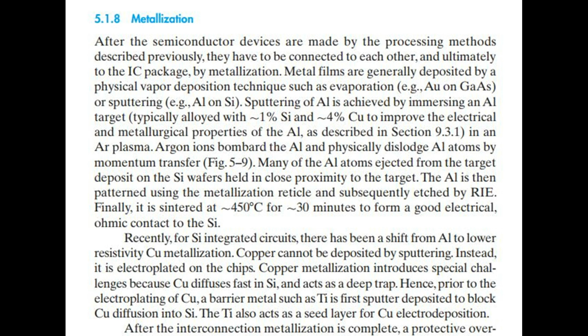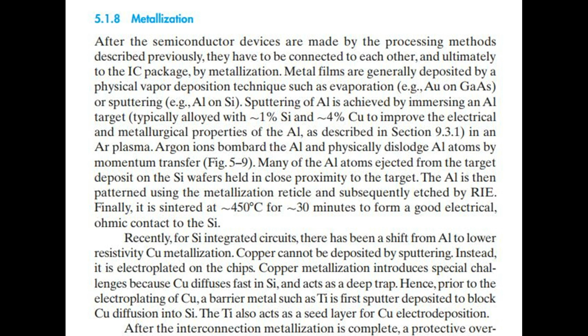Sputtering of aluminum is achieved by immersing an aluminum target, typically alloyed with 1% silicon and 4% copper to improve the electrical and metallurgical properties of the aluminum, as described in section 9.3.1, in an Ar plasma. Argon ions bombard the aluminum and physically dislodge aluminum atoms by momentum transfer, Fig. 5.9.